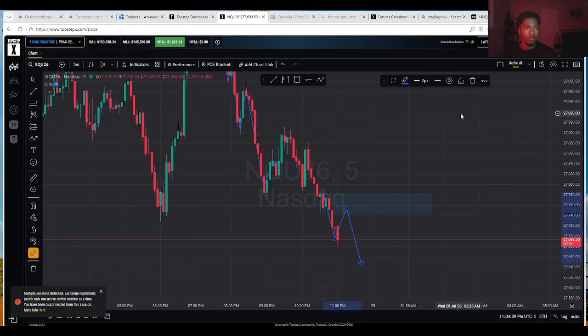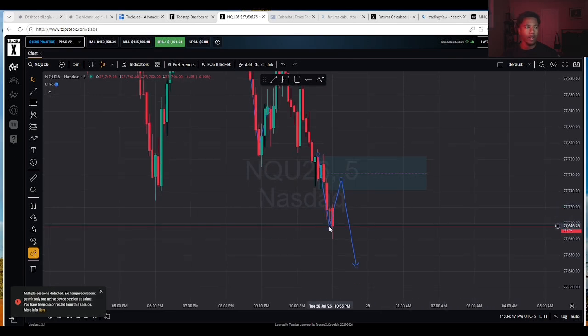And since price has already started making this low and I'm waiting for it to return to my zone, I need to know in my head, okay, once price comes to this level of supply, what lot size do I need to be in so I know how much I'm risking when I get in this trade?